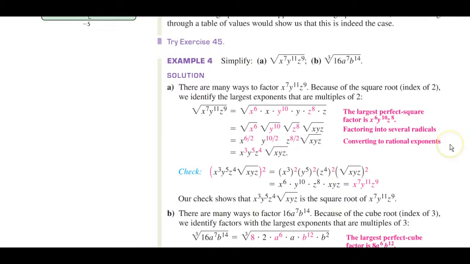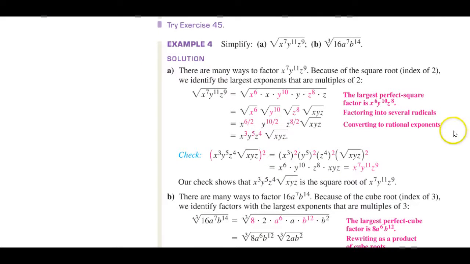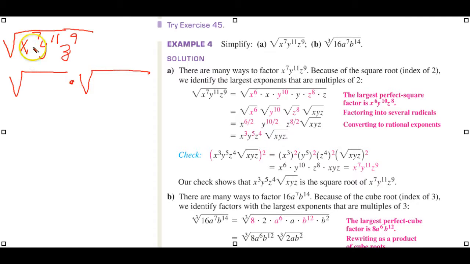And they give us letter A, and let me work that for you. So for letter A, again, we want to put under one radical sign, as we factor this, those that are perfect squares. And then anything else that's left over, we put over here. So for x to the 7th, x to the 6th, anything even would be a perfect square, and one left over.